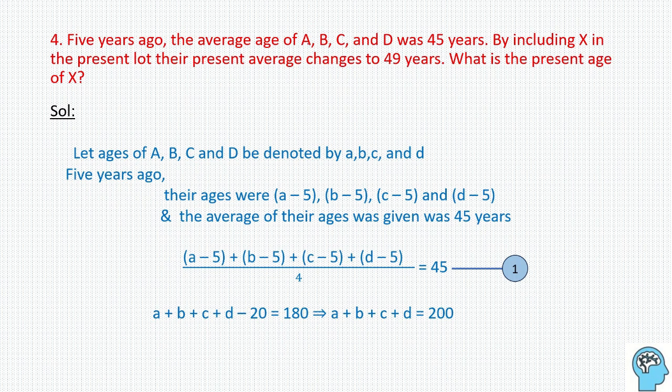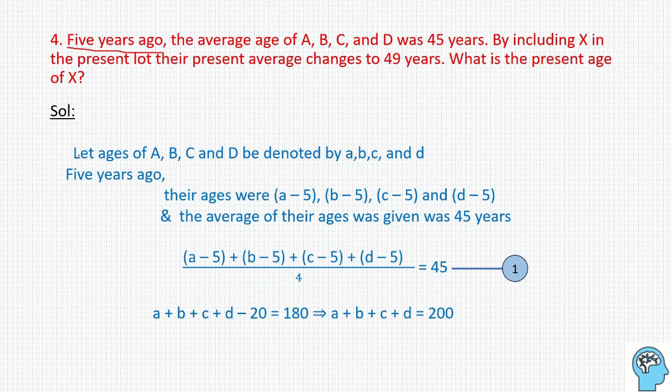Okay, so first, the first line: 5 years ago, the average age of A, B, C, and D was 45 years. So 5 years ago means it will become a minus 5, b minus 5, c minus 5, and d minus 5.